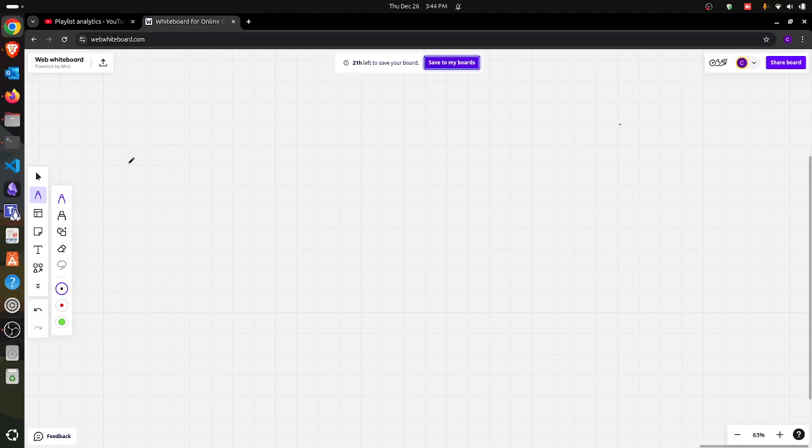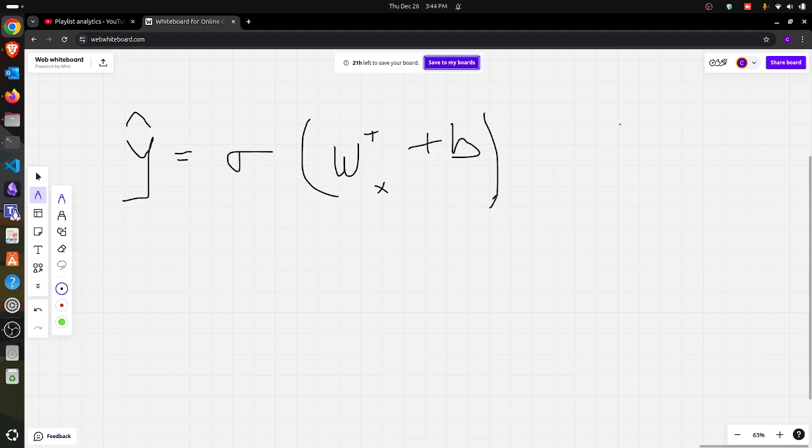So previously we were discussing this equation where y hat equals sigmoid of w transpose x plus b, where sigmoid of z is equal to 1 upon 1 plus e raised to minus z.